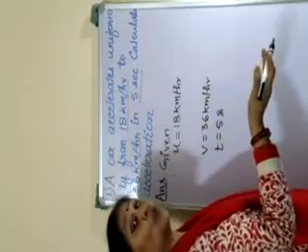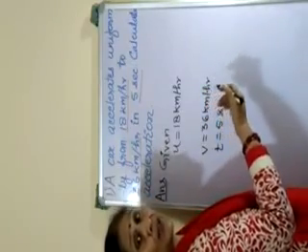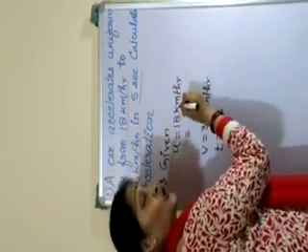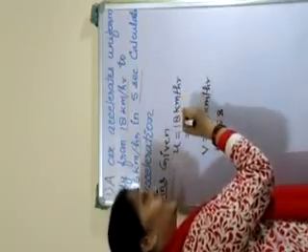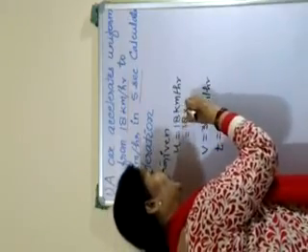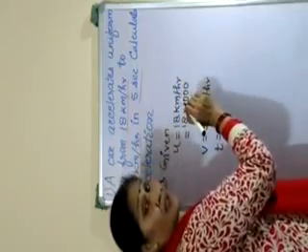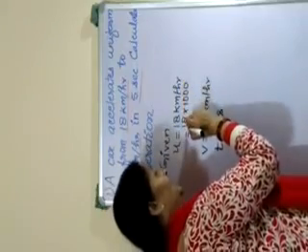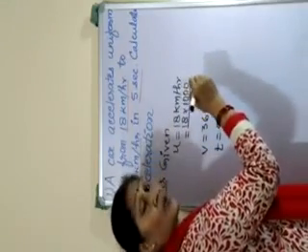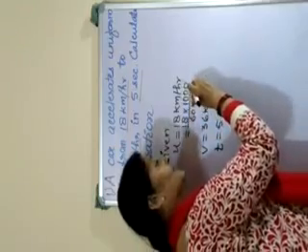To change that, see how we calculate. 18 kilometer will be written in meter by 18 multiplied by 1000. This is in meter. Now hour is written in second: 1 hour is equal to 60 into 60 seconds.